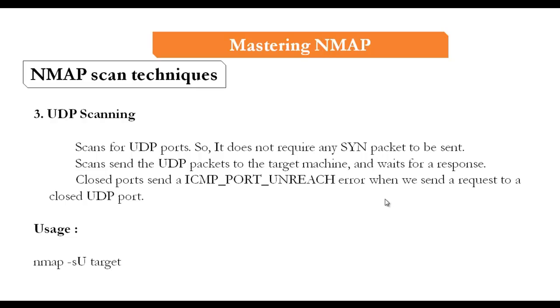It works by sending UDP packets to the target machine and waiting for a response. If the port is closed, it will receive an ICMP unreachable error, so the scan decides that the port is closed. If it gets a positive response, it decides that the port is open.